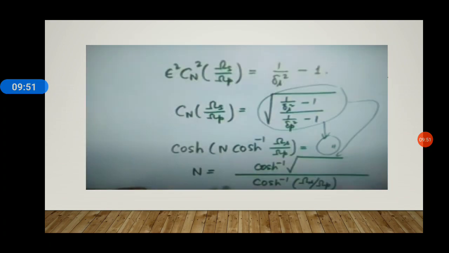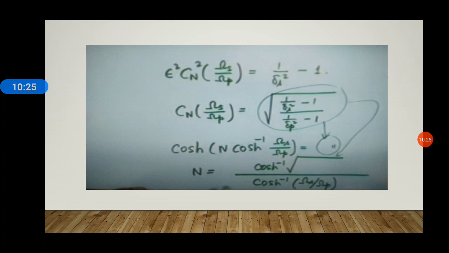So from the two equations here, see omega S by omega P, omega s is higher than omega p, so x is greater than 1. So we have to use the hyperbolic cos formula. So here the value of n would be cos hyperbolic inverse of root over 1 by del s square minus 1 by 1 by del p square minus 1, divided by cos hyperbolic inverse of omega s by omega p.